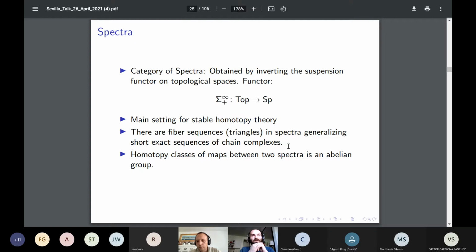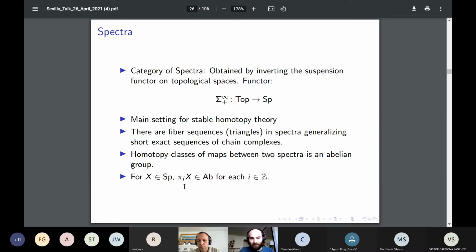Spectra happens to be a linearization of topological spaces in a certain way, in the sense that the homotopy class of maps between two spectra is an abelian group, where in topological spaces, the homotopy class of maps between spaces does not have to be a group or an abelian group at all. So in that sense, it linearizes topological spaces. And we also have a notion of homotopy groups defined for spectra too.